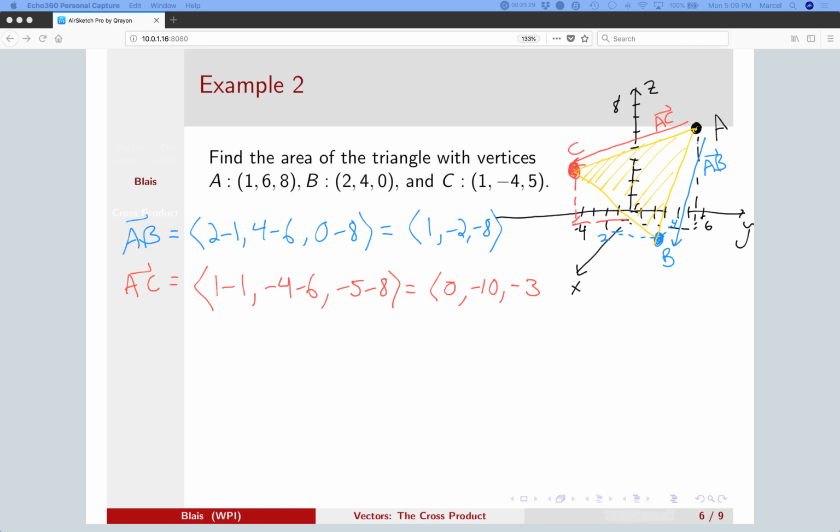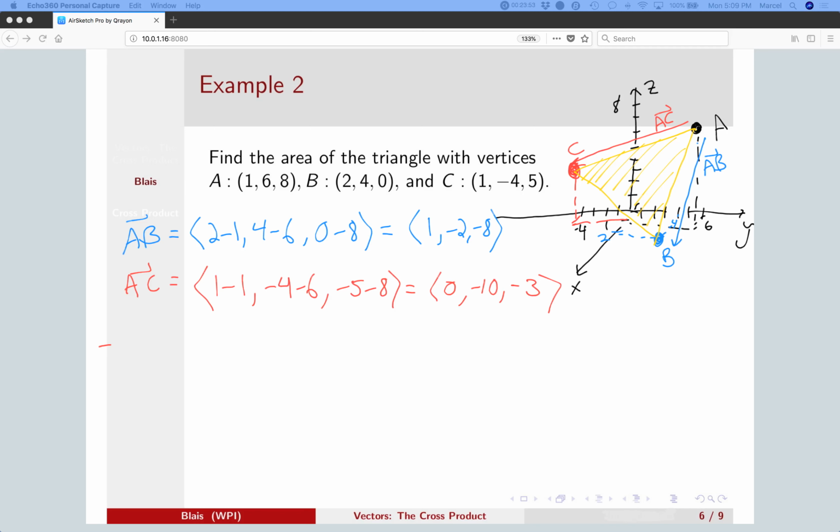Minus 3. Okay, now we know, again, the magnitude of the cross product will give us the area of the parallelogram formed by these two vectors. And we know that our triangle's area is exactly half of that.